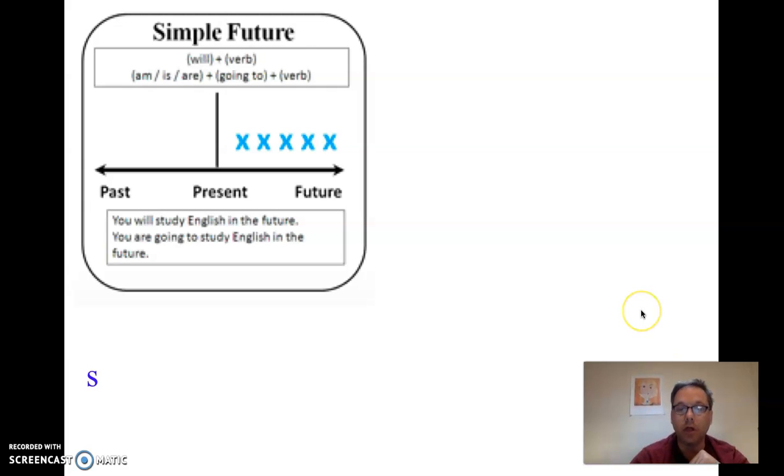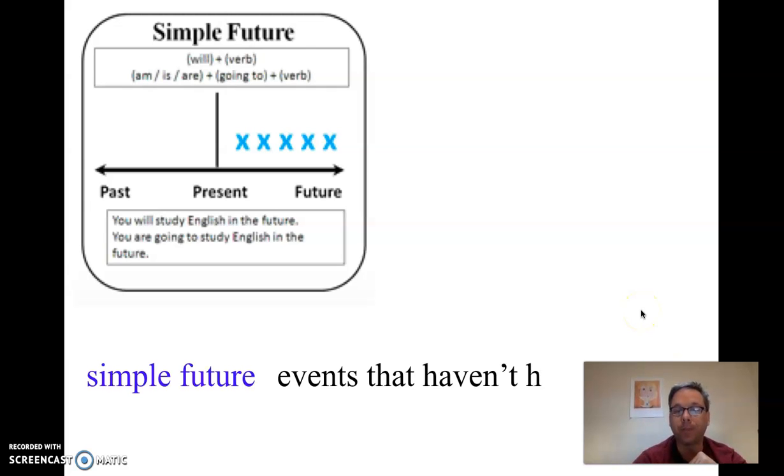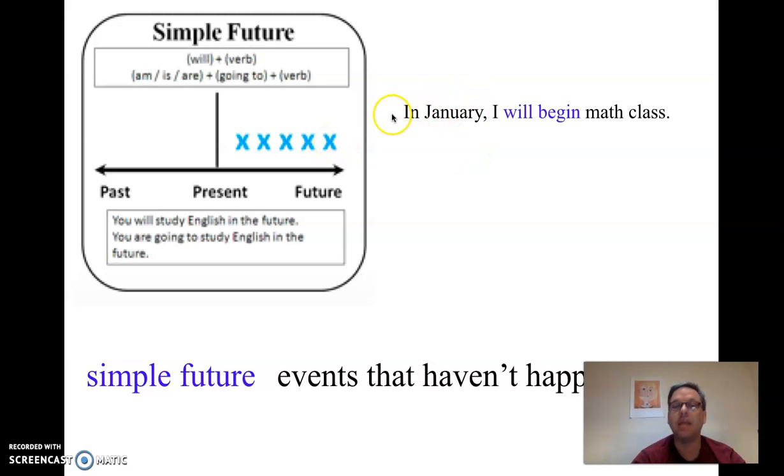This one talks about events that haven't happened yet in the future. Events that also happen sort of at a very specific point in the future. For example, in January. In January, I will begin math class, right? So imagine these are months, right?